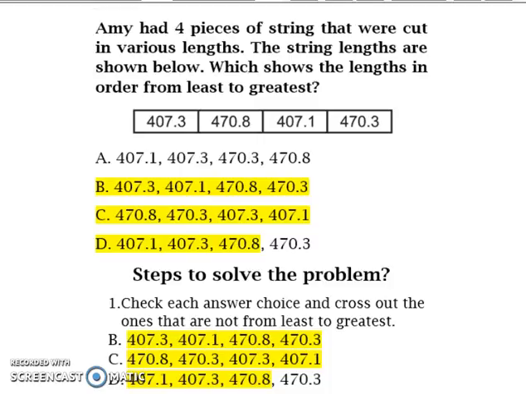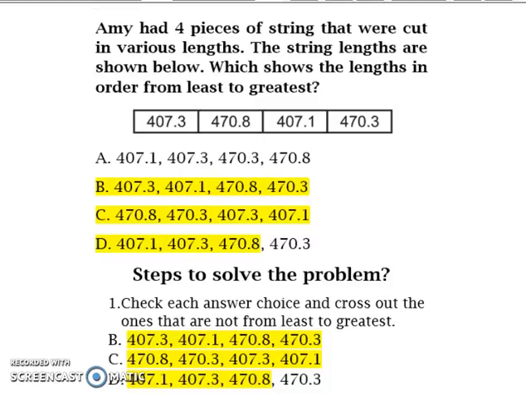Let's look at D. We start with 407.1. Okay, we know that that is the smallest number. 407.3. Okay, we're still doing good. Then we have 470.8.